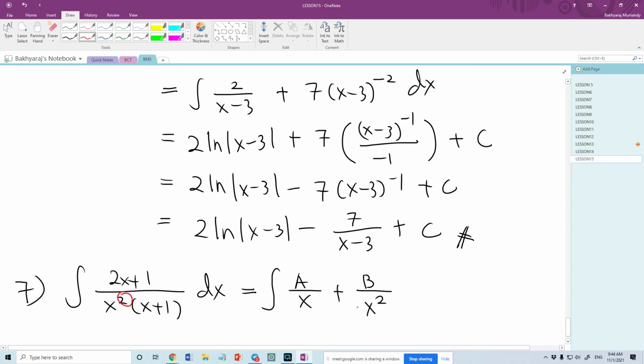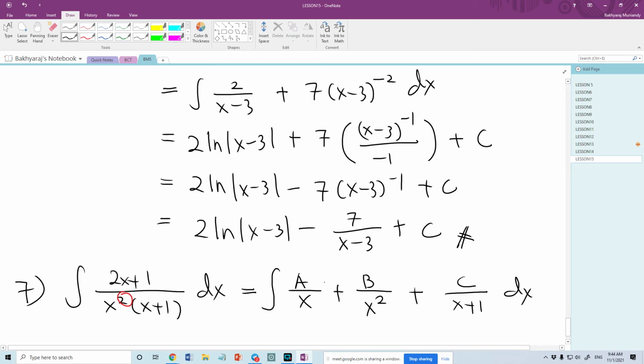If you find a square, there must be 2 terms. X square must have 2 terms, confirmed. Plus, since this time we got x plus 1, we go for c over x plus 1 dx. So we have a, b, c, because you have a combination of number 1 and number 2.